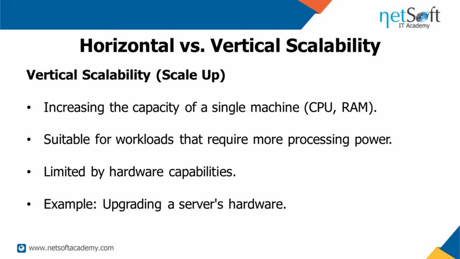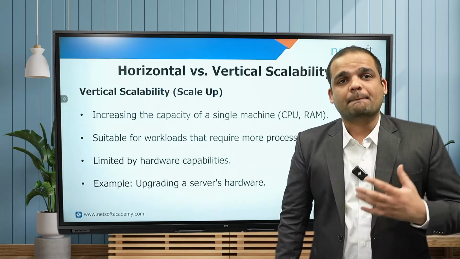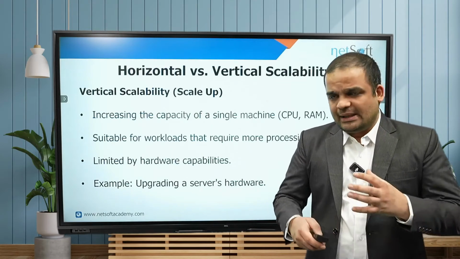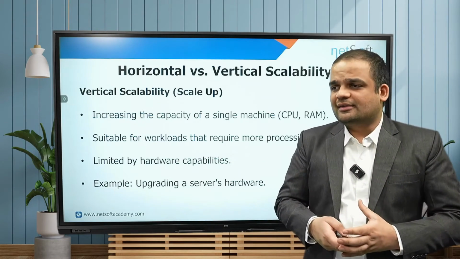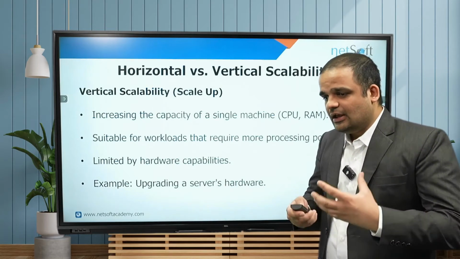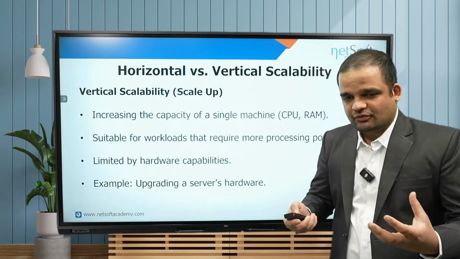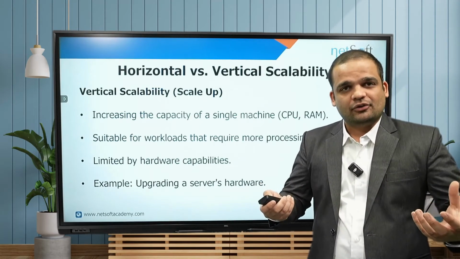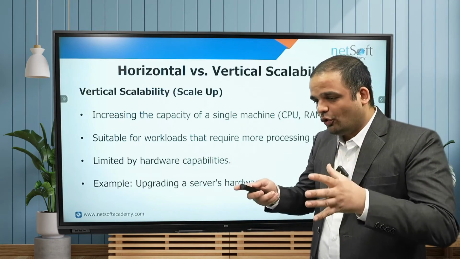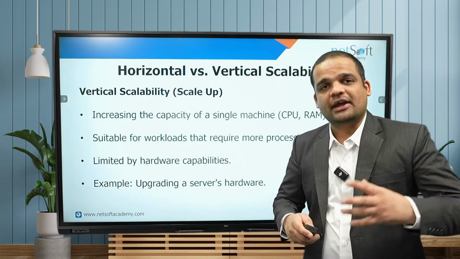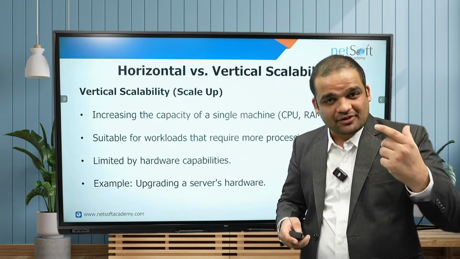The key feature: it is suitable for workloads that require more processing power on a single server, limited by the hardware compatibility of the machine. So if you have any job requirement or application which needs multiple threads, more cores, it makes sense to go for vertical scaling, where you increase the performance of the CPU itself.